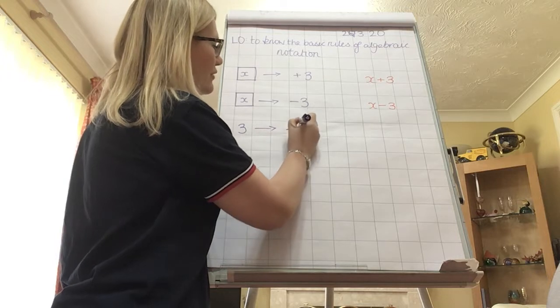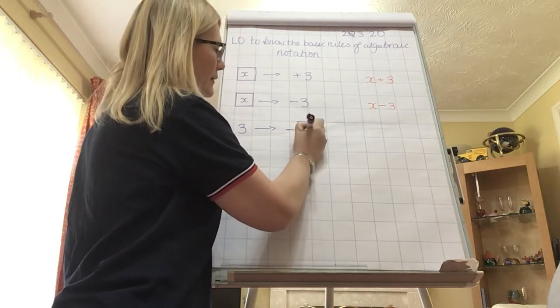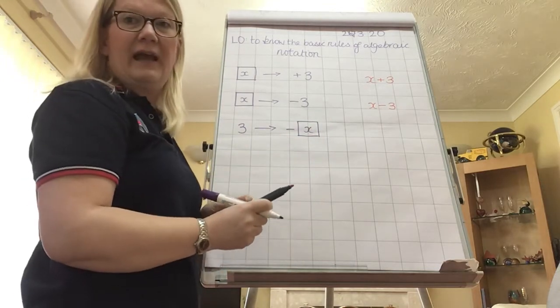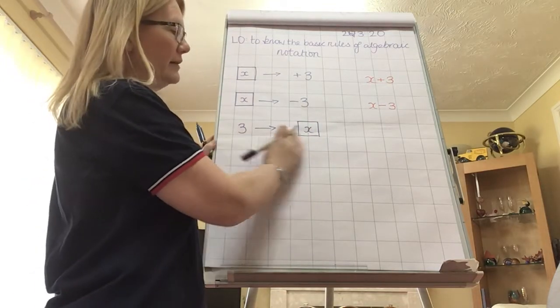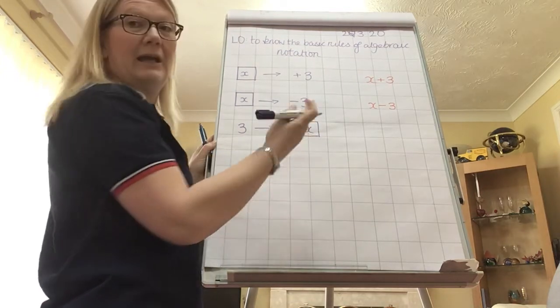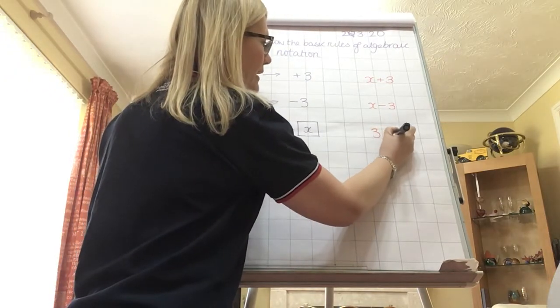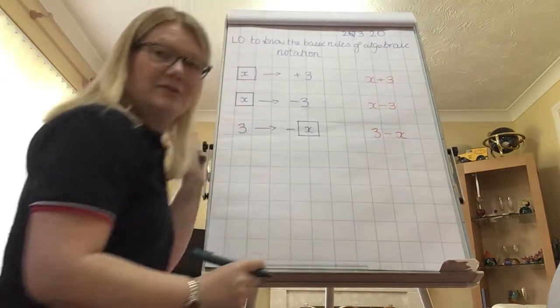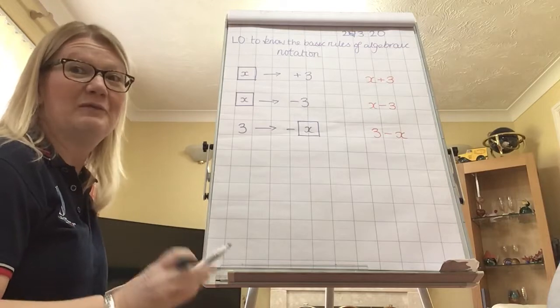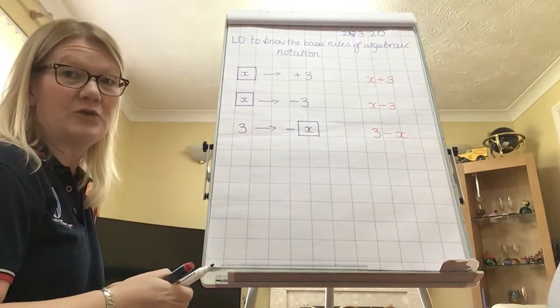So I want to subtract whatever the value of X is. So if I had 3 and X was worth 2 this time, I'd write 3 minus 2. Again, simple. 3 minus X. Don't let the letters confuse you. It's no different.